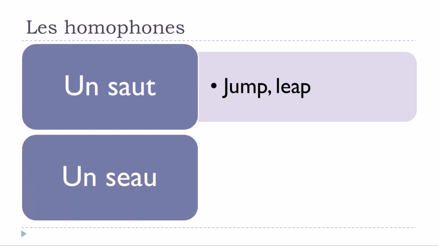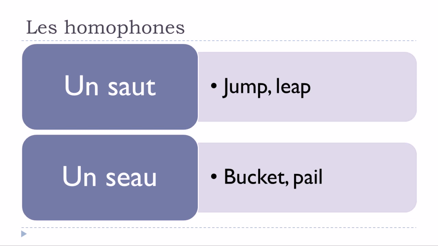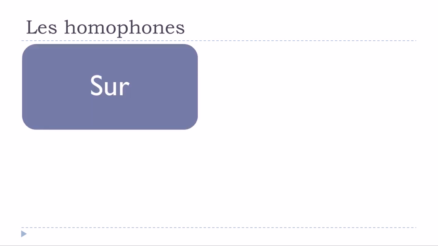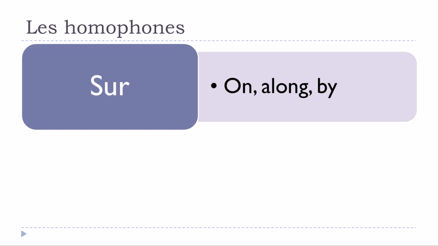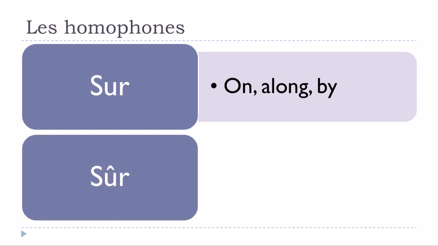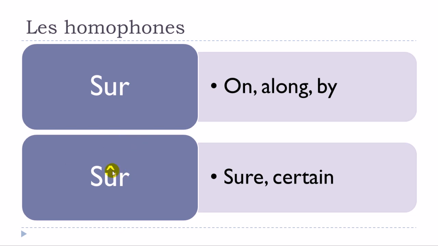Un seau. Okay, so un seau, and then the same way, un sot. Sûr. Sûr. Okay, even if you get this accent circonflexe, you don't pronounce it, so you get the same pronunciation, sûr and sur.